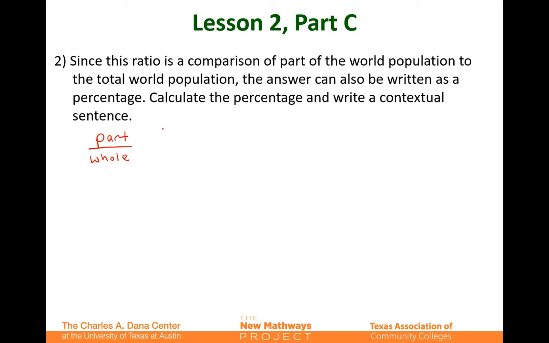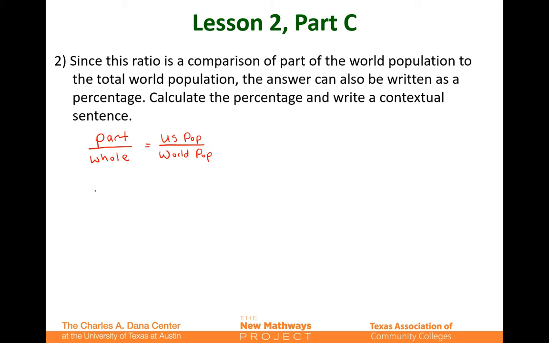In this case, the part we're looking at was the US population, and the whole thing is the world population. The only time it makes sense to do a percentage is when you are doing a part to a whole.